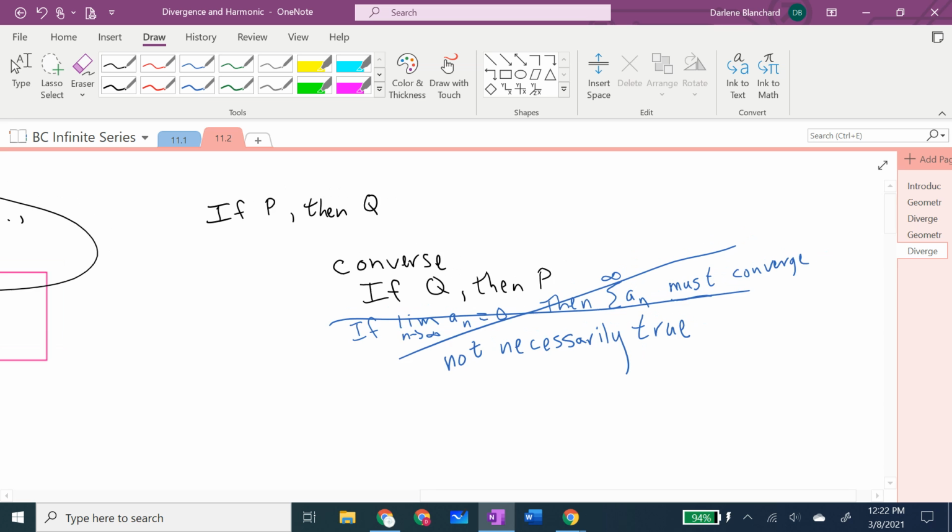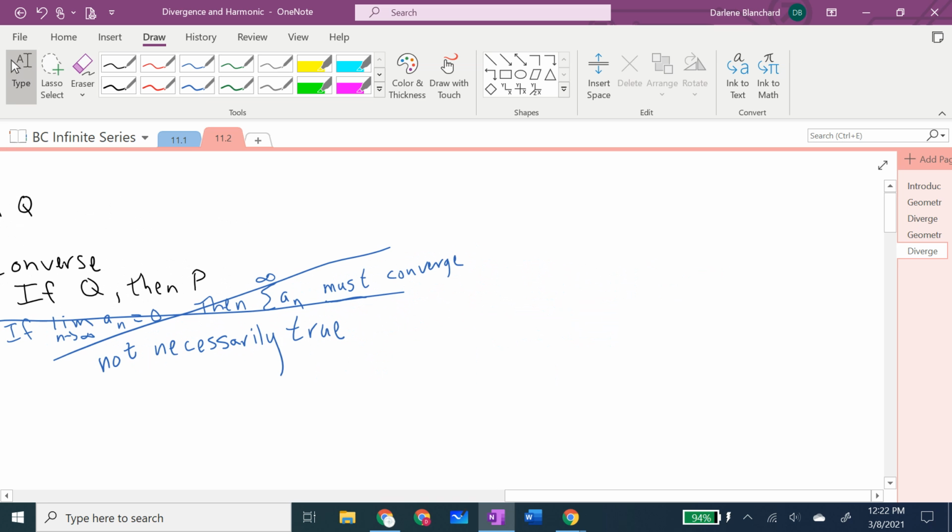But I will tell you, if the converse is true, mathematicians like to write the phrase "if and only if," which they shortcut by "iff." So if a theorem uses the phrase "if and only if," then it's giving you an if-then statement that is true, and the reversal is also true.